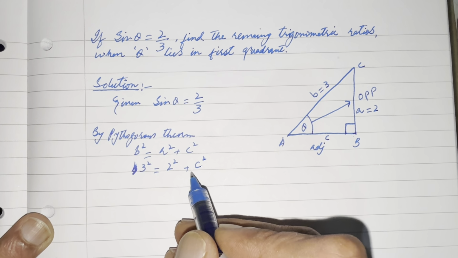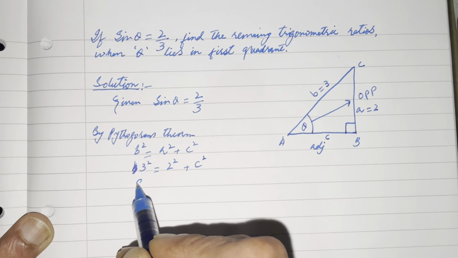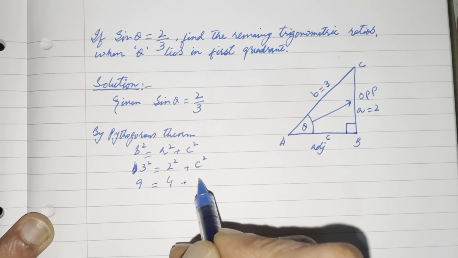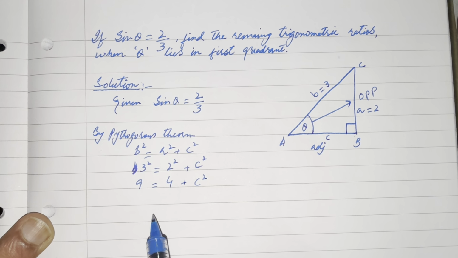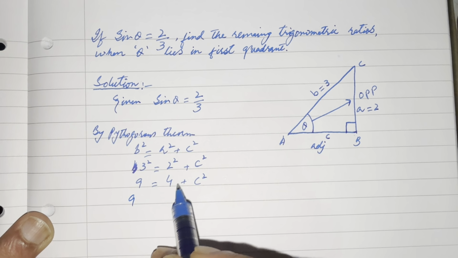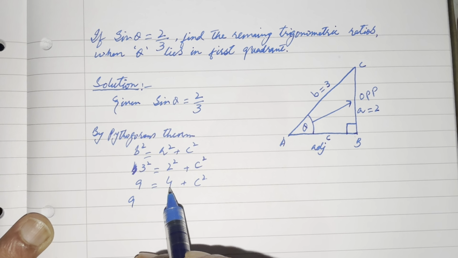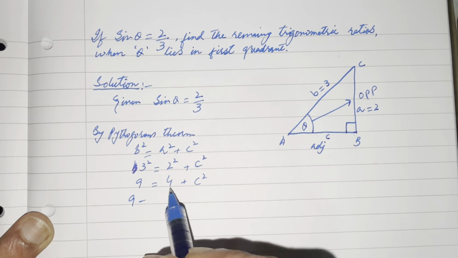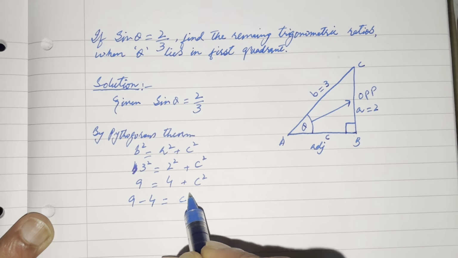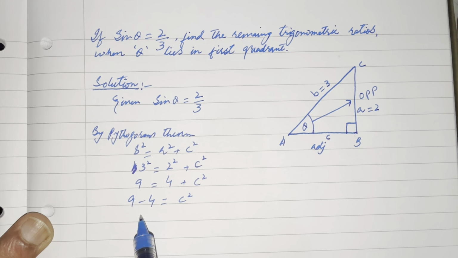Take the square of 3: 3 threes are 9, 2 twos are 4, plus c square. Now take the 4 from the right hand side to the left hand side, and it becomes negative. So 9 minus 4 is equal to c square, and 9 minus 4 is equal to 5.